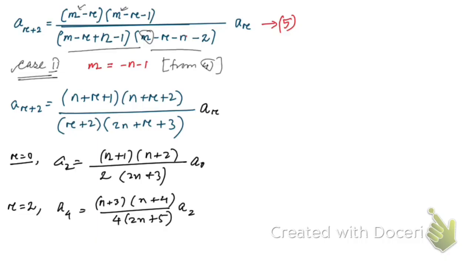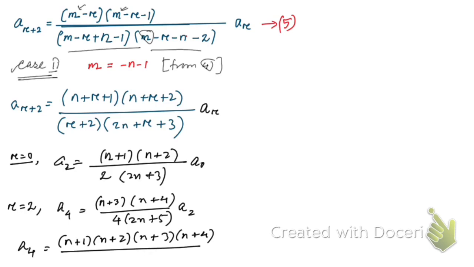So doing so, we're going to have a4 is equal to (n+1)(n+2)(n+3)(n+4) in the numerator, divided by, in the denominator, 2 into 4 into (2n+3)(2n+5), into a naught. Similarly, you can find a6 also.